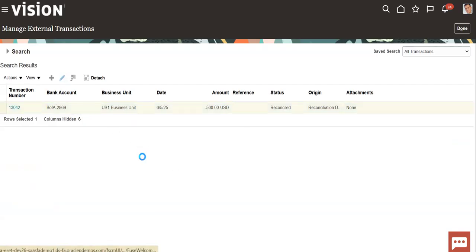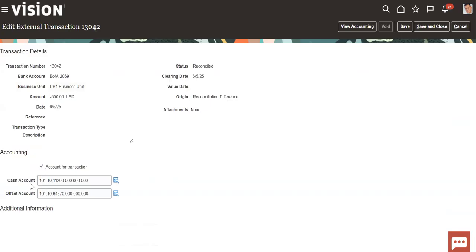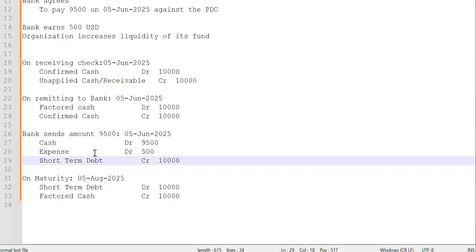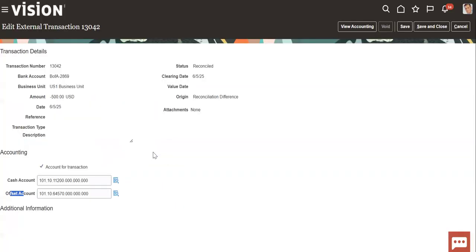Now, if we go here, this is the cash account, the same cash account which might have been taken in the receipt. And this offset account is nothing else but the expense account. Currently, this account is coming from the bank setup, where we have given an account for account difference. If you want to take this expense to any other account than the account difference, then you can change it and then do the accounting.